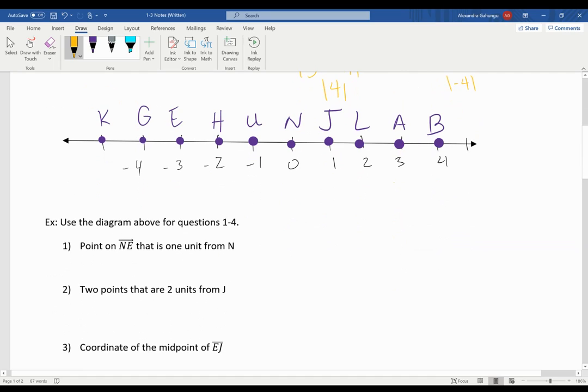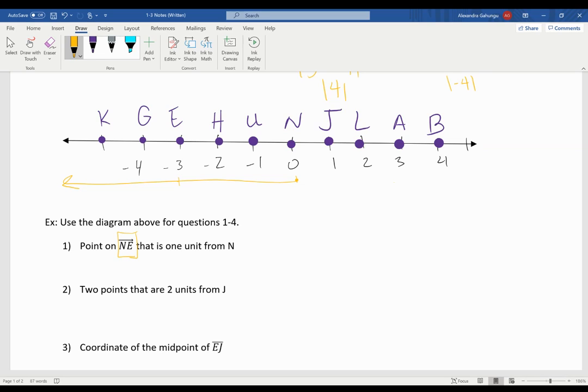So if I have this number line and I'm looking at a point on the ray NE, so I go to N, I go to E, a ray has an endpoint at the first letter and shoots out in the direction of the second letter.